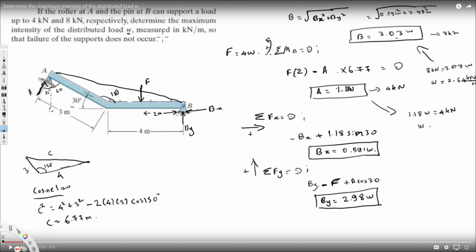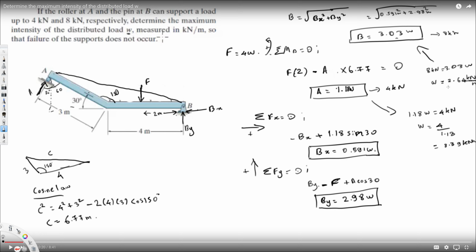The W is going to be equal to 4 over 1.18, so this is going to be equal to 3.39 kilonewton per meter. So we have to choose the lowest possible.